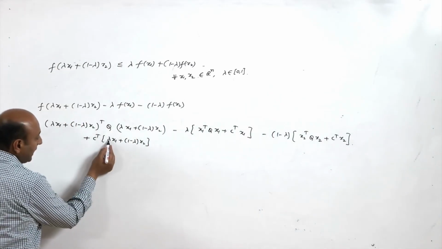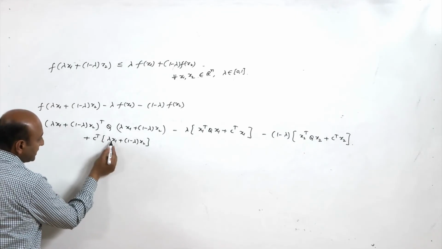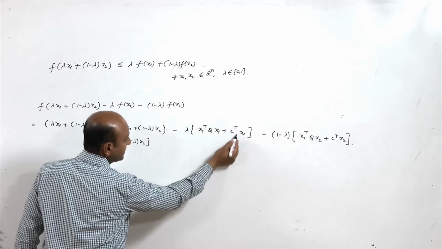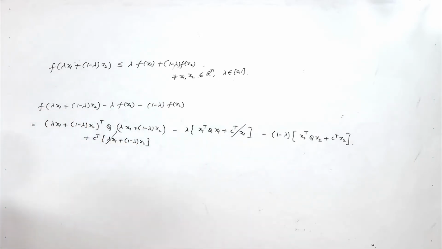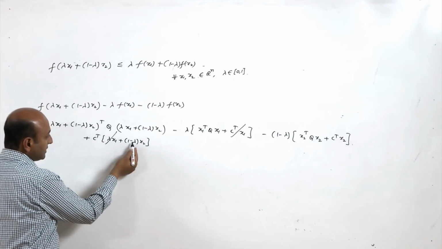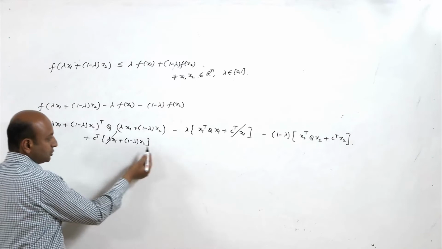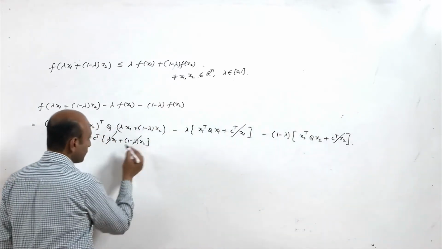Now, lambda is a scalar, it can be taken out. So, lambda times c transpose x1 and it is also lambda times c transpose x1, positive and negative will cancel out, and 1 minus lambda is again a scalar, can be taken out. So, it is 1 minus lambda times c transpose x2 and it is also 1 minus lambda times c transpose x2. So, these terms also cancel out.